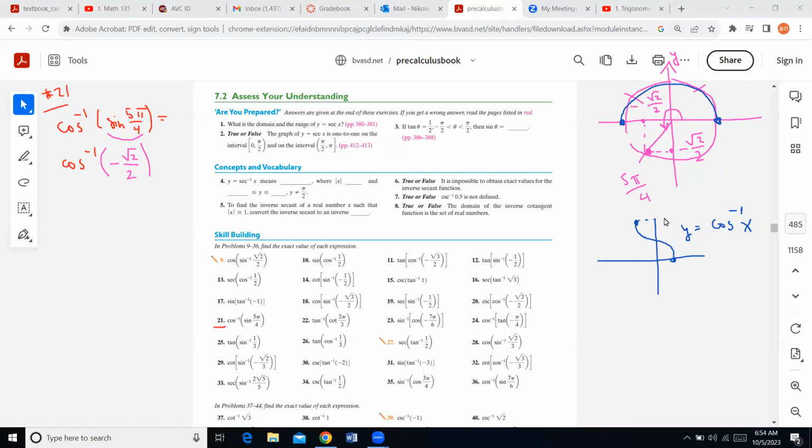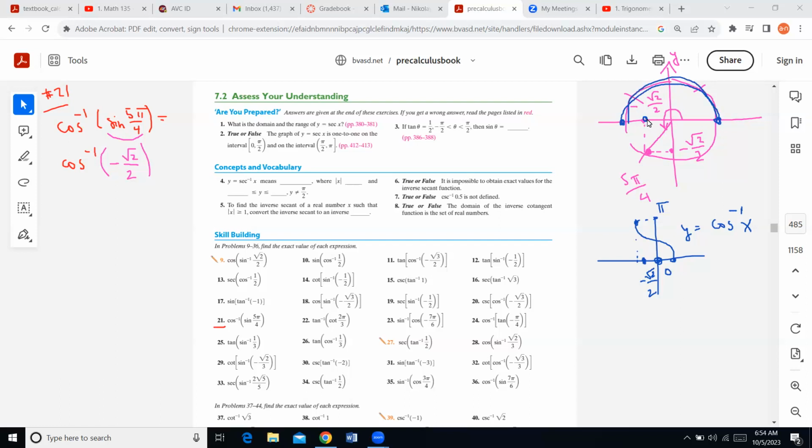So the range of this function is from 0 to pi. So whenever you have various values of it to deal with, let's say negative square root 2 over 2, then we're going to need to look at the 0 to pi angles.